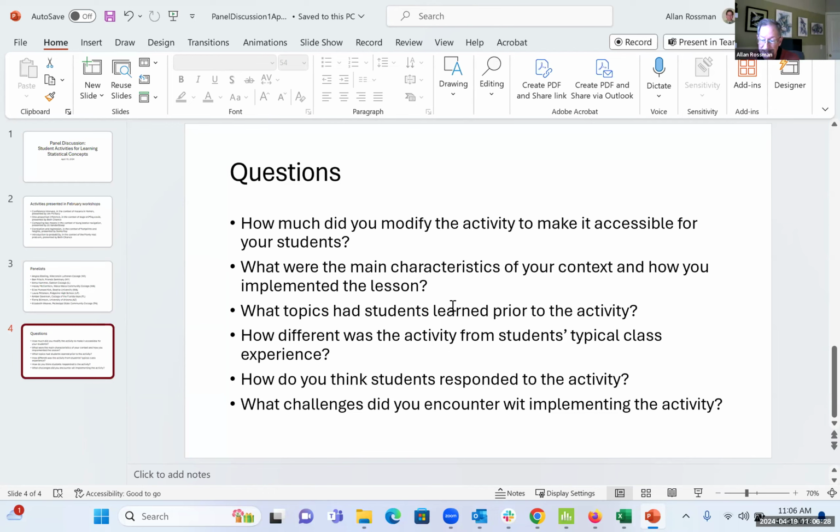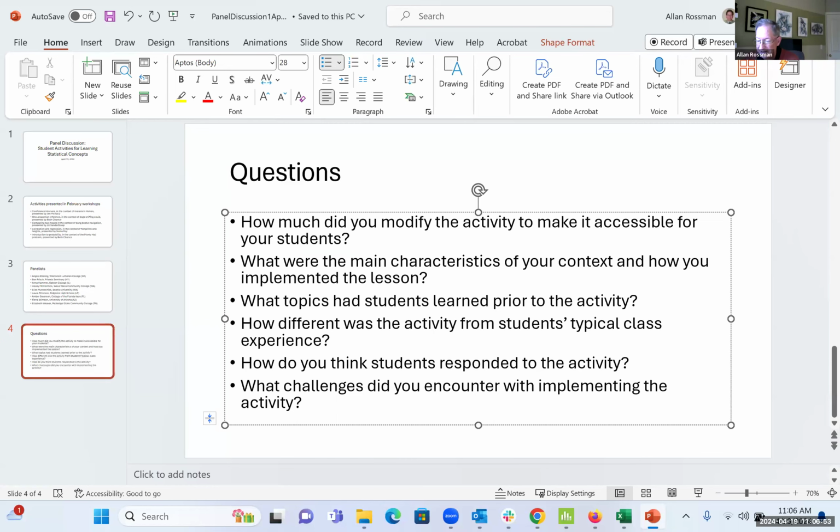What were the main characteristics of the context you used and how you implemented the lesson? What topics had students learned prior to the activity? How different was the activity from students' typical class experiences? How do you think students responded to the activity? And finally, what challenges did you encounter with implementing the activity?